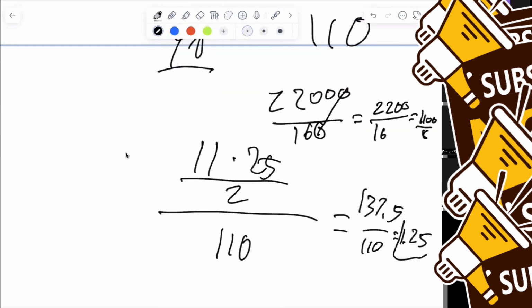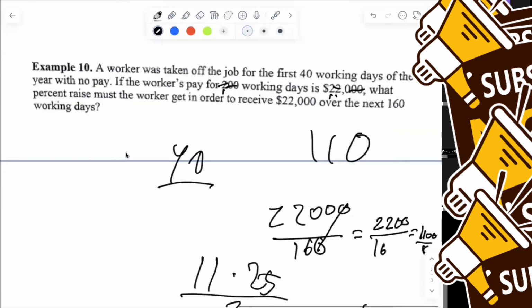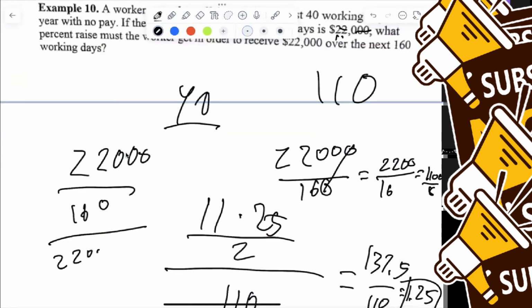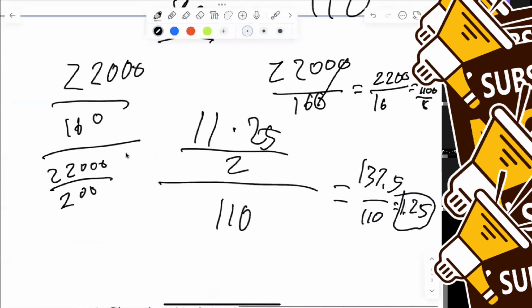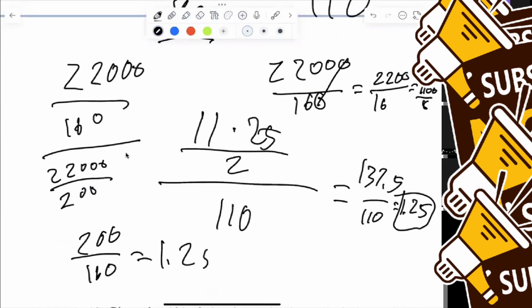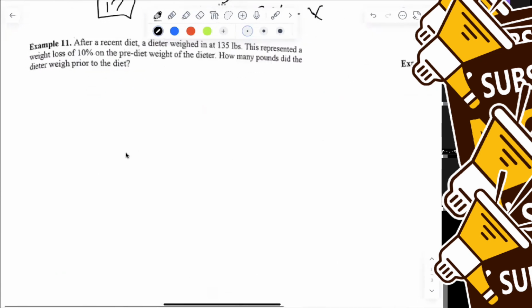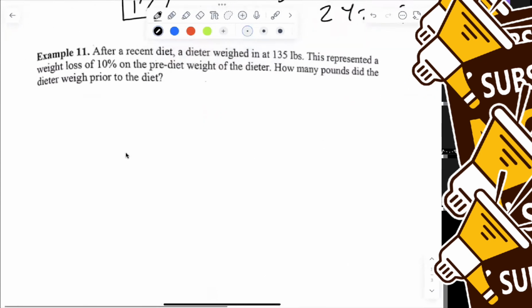And there you go. Or you can just do 22,000 divided by 160 and divide that by 22,000 divided by 200, and this gives you 200 divided by 160, which is just 1.25. And we take out the 1 because it's just 100%. That gives us the 25% increase. All right, let's move on to example 11. I'll let you guys have a try on this question and tell me answers in chat.